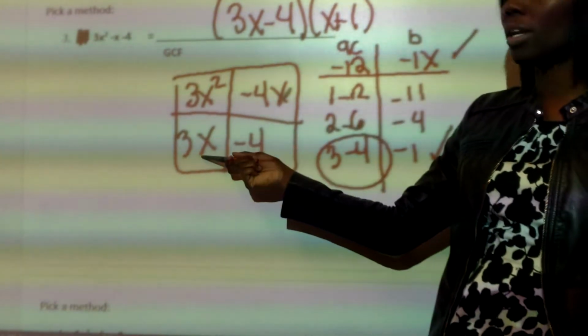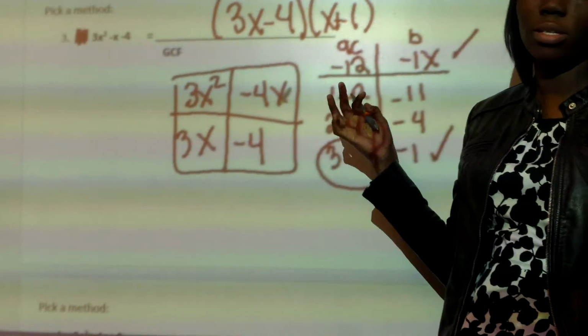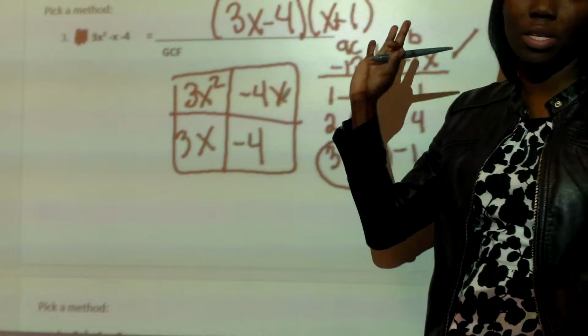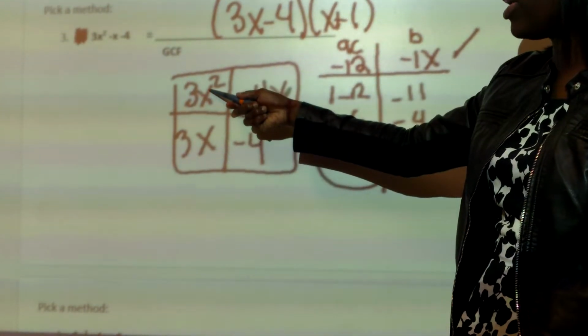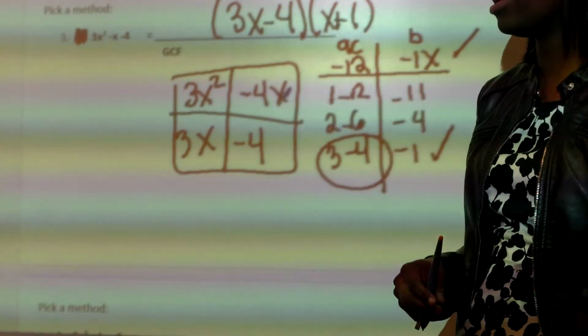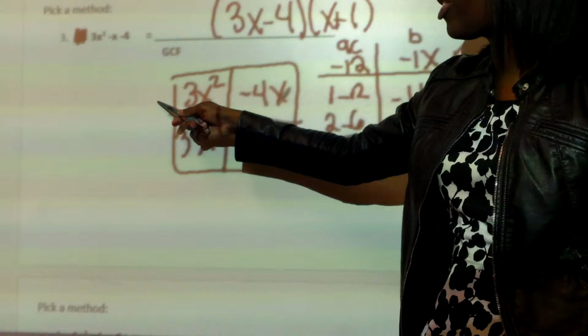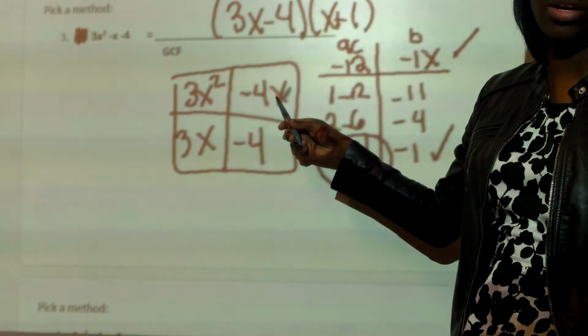If you chose to write the -4 down here and the 3x up here, is that okay? Yes, it just means your factors will be on opposite sides. So then we break down 3x squared, and what are the factors of 3x squared? 3x and x. If you write the 3x right here, you notice that there's no way you're going to get from 3 to -4.